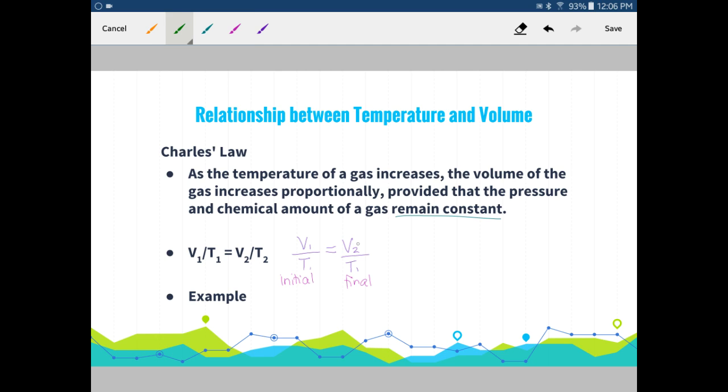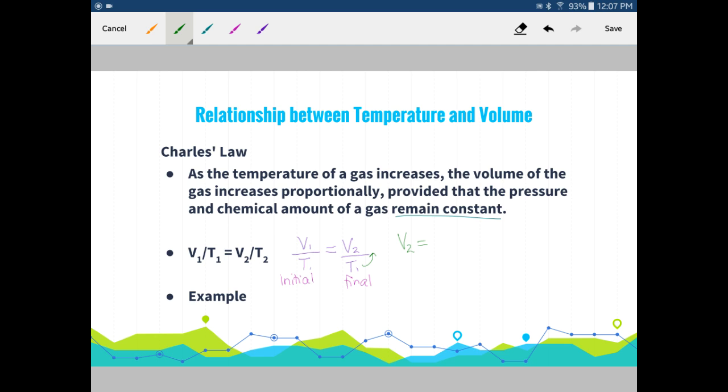So if I need to solve for my volume 2, because volume 2 is dividing by T1, I would multiply T2 up, and anything that I do to the bottom, I must do to the top, or vice versa. Anything that I do to one side of my equation, I need to do to the other.